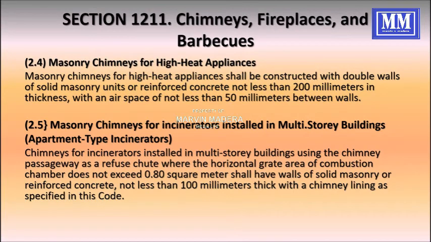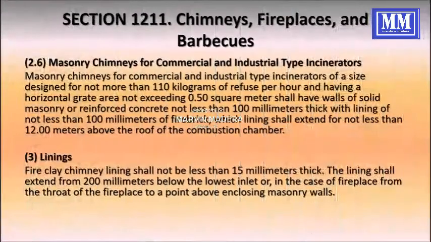Chimneys for incinerators installed in multi-story buildings using the chimney passageway as a refuse chute, where the horizontal grate area of the combustion chamber does not exceed 0.8 square meters, shall have walls of solid masonry or reinforced concrete not less than 100 millimeters thick with a chimney lining as specified in this code.